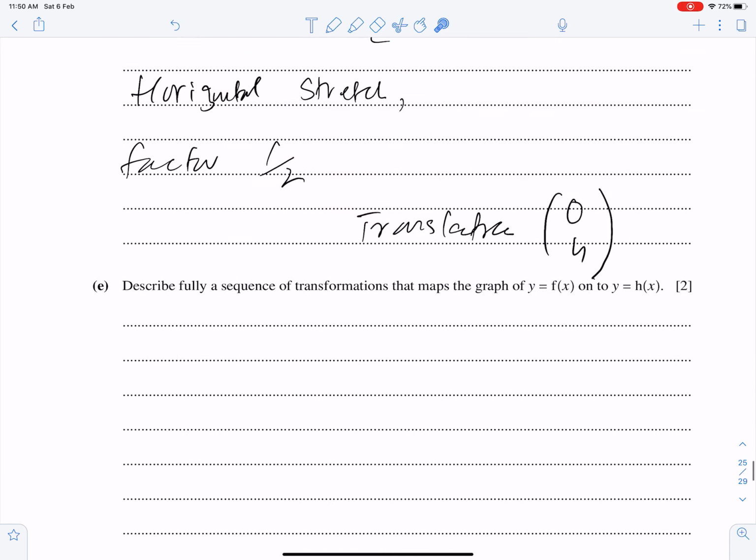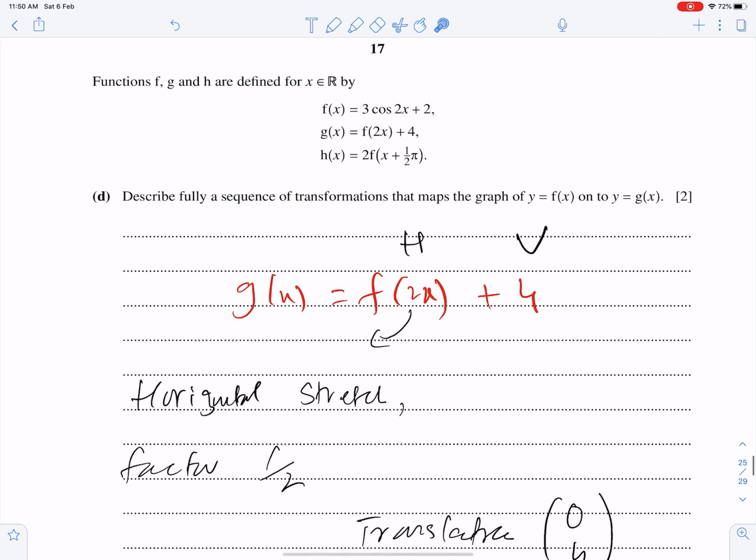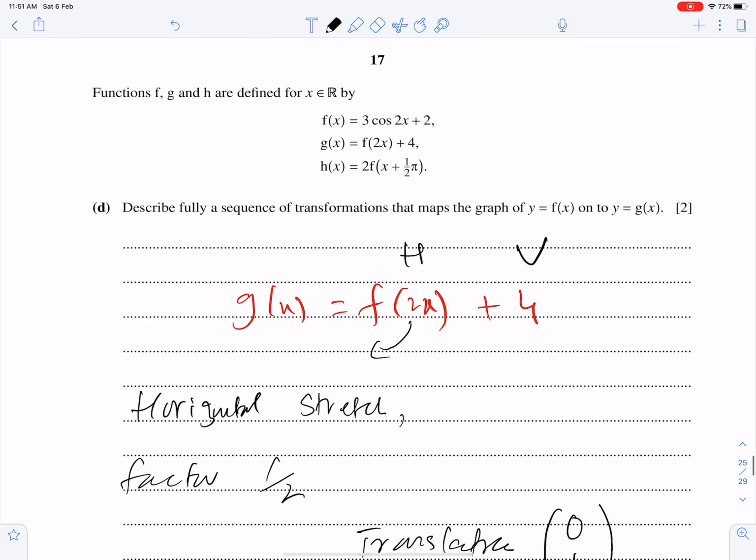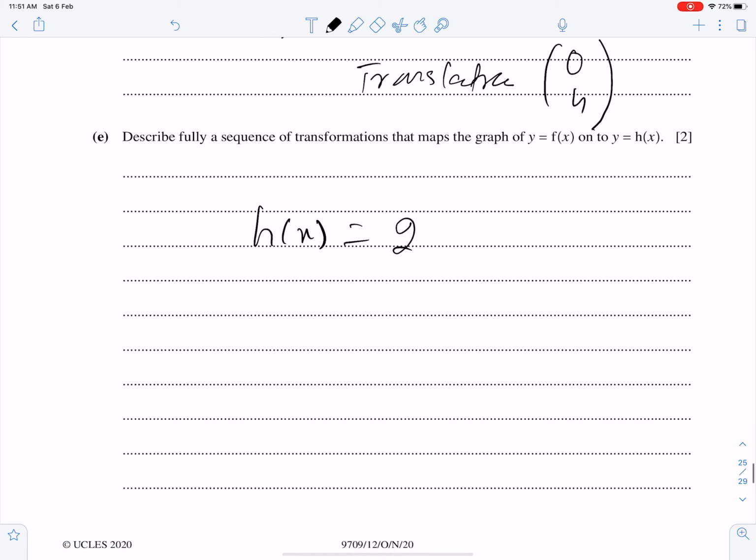Now the next part is f of x onto h of x. Now observe this transformation carefully. This is the vertical stretch and this is the horizontal translation. So h of x. H of x is 2 f of x plus pi by 2.